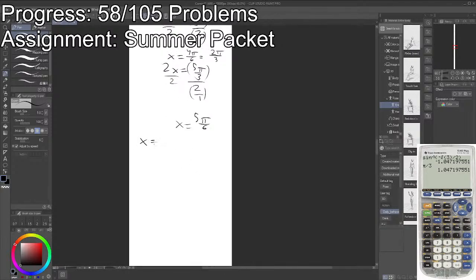So I think the final answers are x equals 2 pi over 3 plus 2 pi n, and x equals 5 pi over 6 plus 2 pi n.